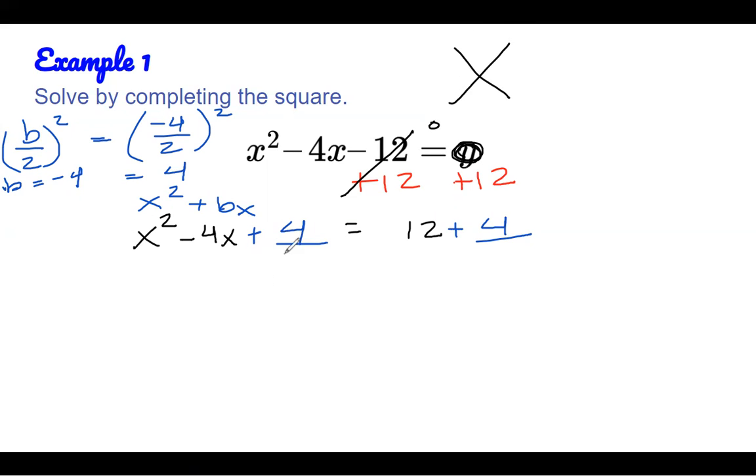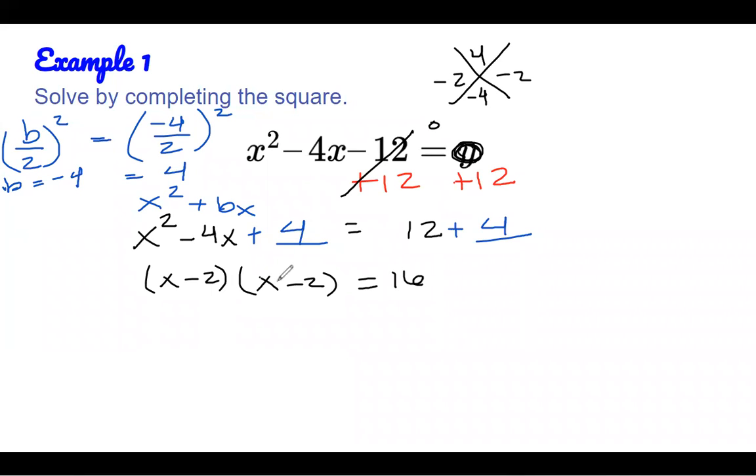What two values multiply to 4 and add to -4? -2 and -2. Now, my factors are going to look like this. X minus 2, x minus 2 again. Equals, my right side is now 16.